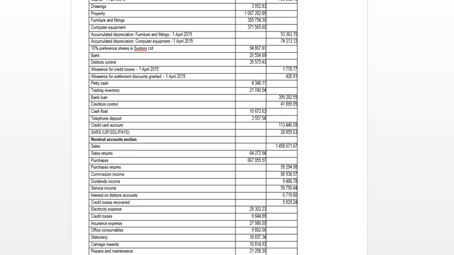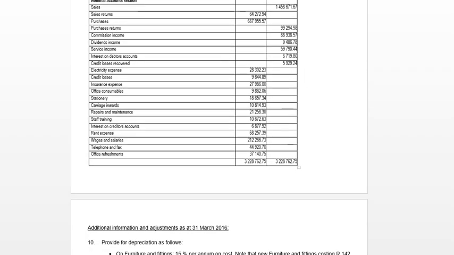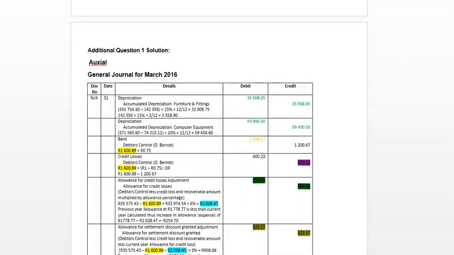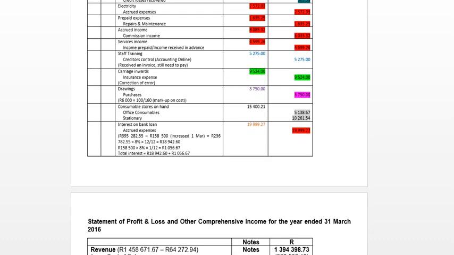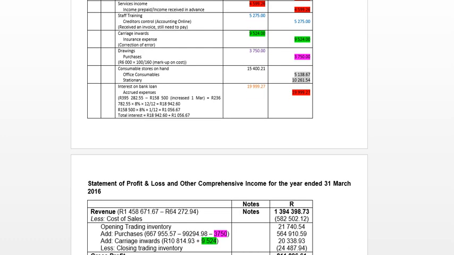That would be a bank loan of 395,282.55. So what we need to do is determine our interest expense for that period.